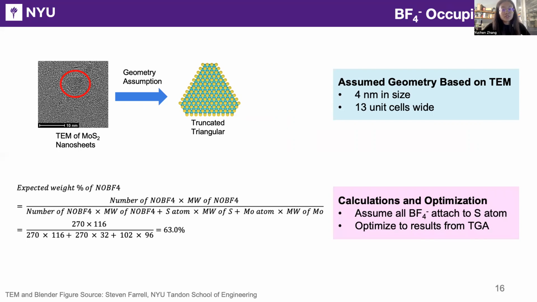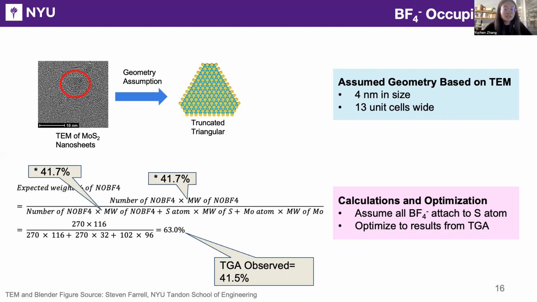Our second assumption is, if we assume every BF4 anion is attached to one single sulfur atom, what is the expected weight of NOBF4? By optimizing and considering the actual TGA result we observed, we found the surface occupied by BF4 anion was 41%.